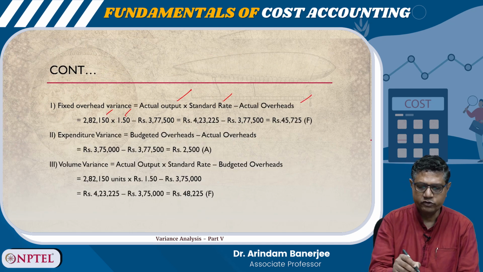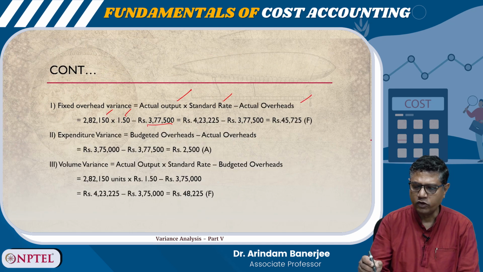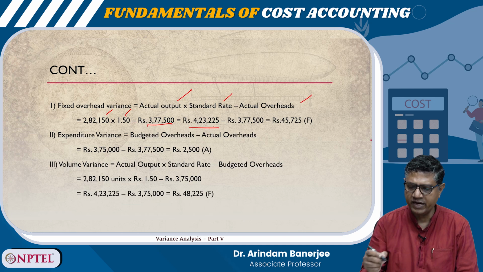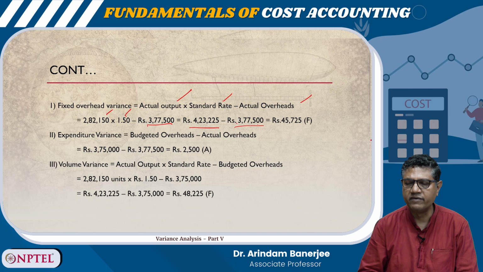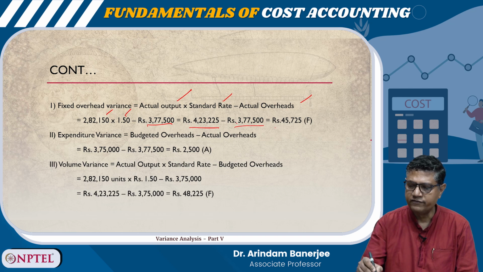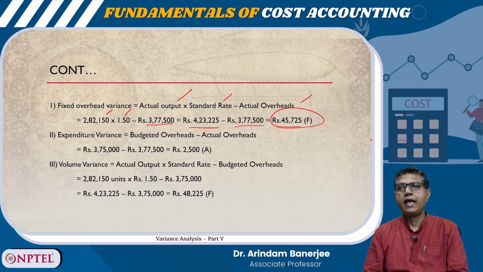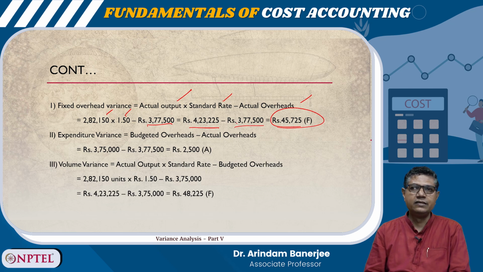If you solve this, you see the standard overhead should be 4,23,225, whereas the actual is 3,77,500. So, it is 45,725 favorable, because actual overhead is lower than the standard rate.